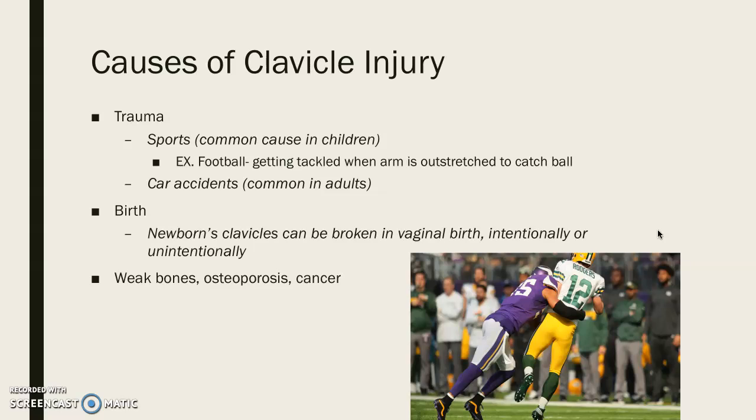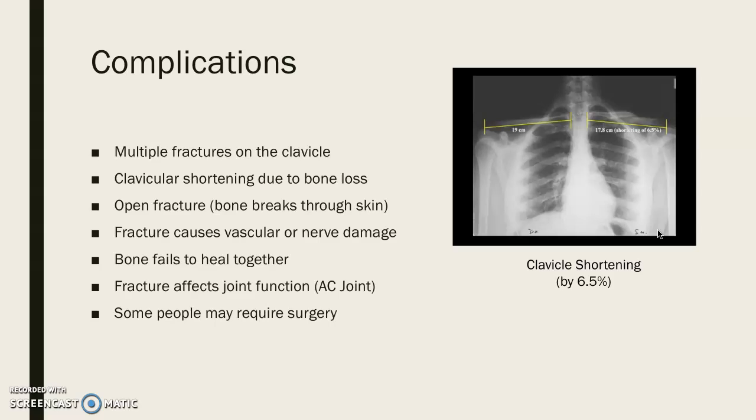Weak bones caused by osteoporosis or cancer: osteoporosis is a loss of bone density and bone quality. Those could also put you at risk for a clavicle injury. Some complications of this injury: multiple fractures on the clavicle, clavicular shortening due to bone loss, which you can see here in this image where the clavicle shortened by 6.5%.